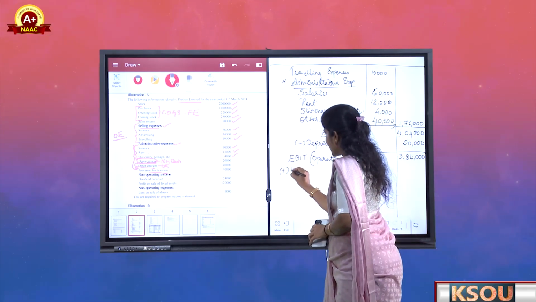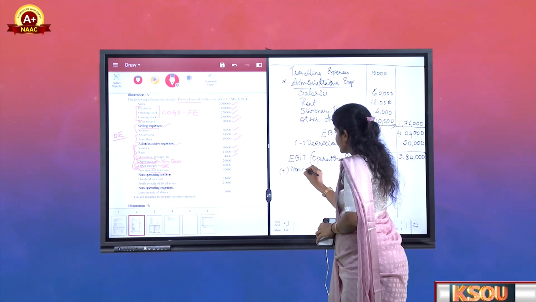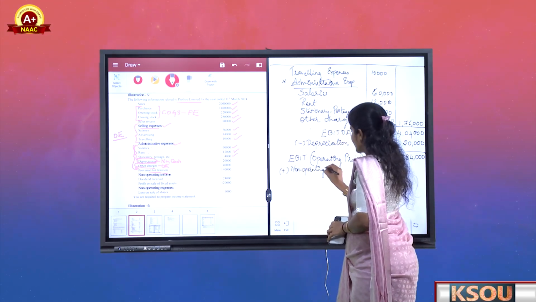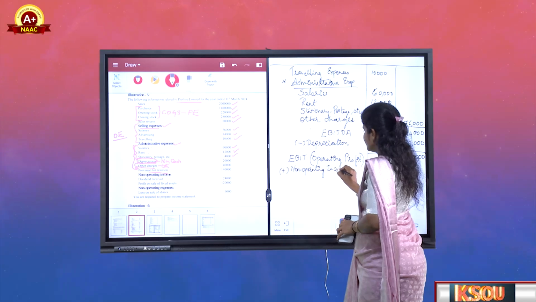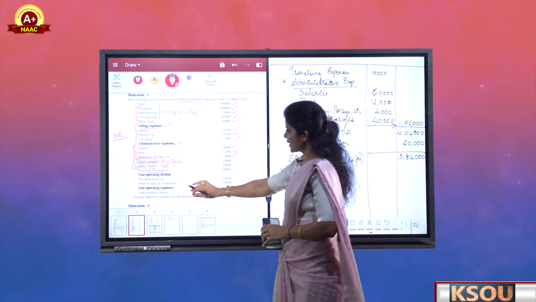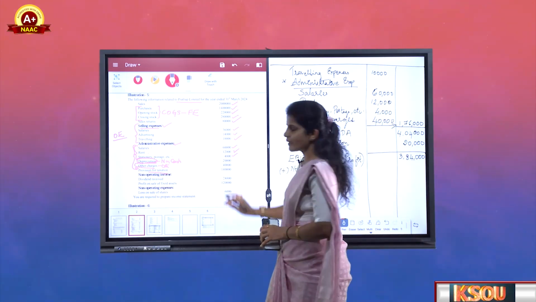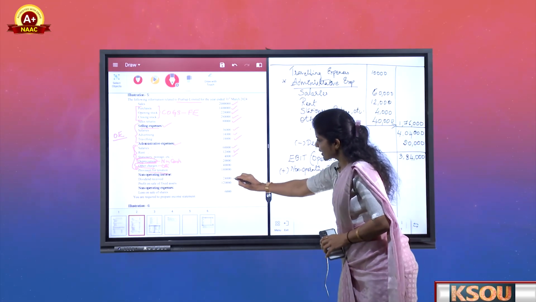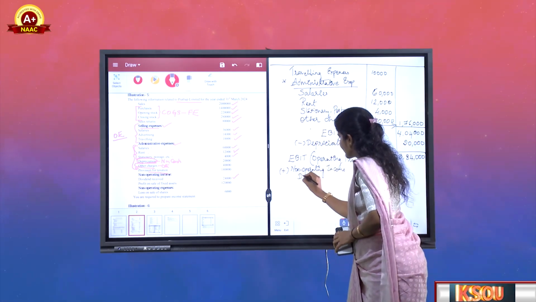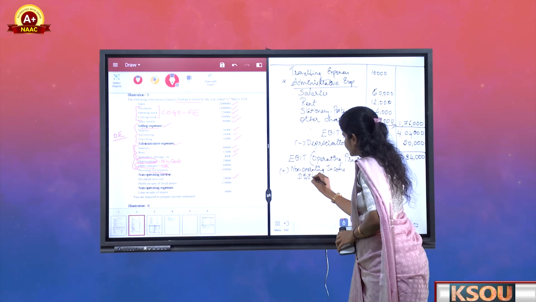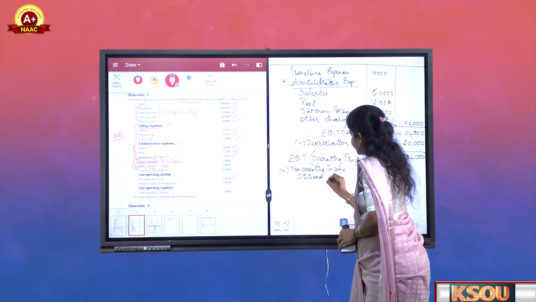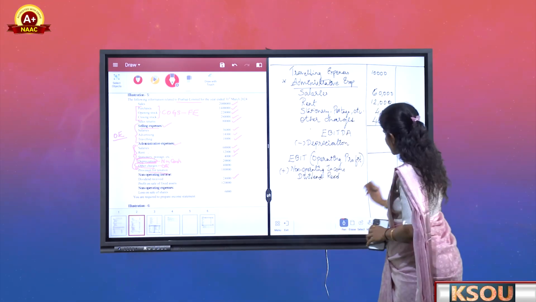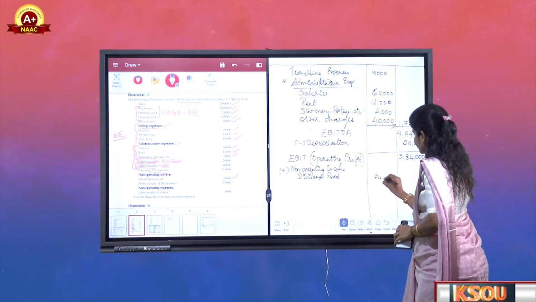So now let us add the non-operating income. We have two items. One is dividend received of 24,000.